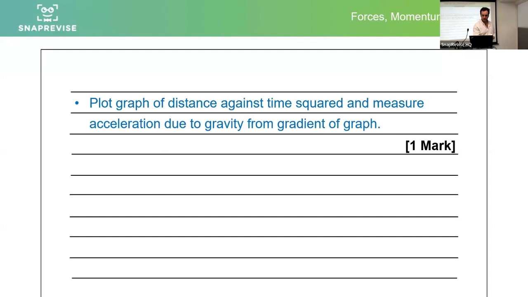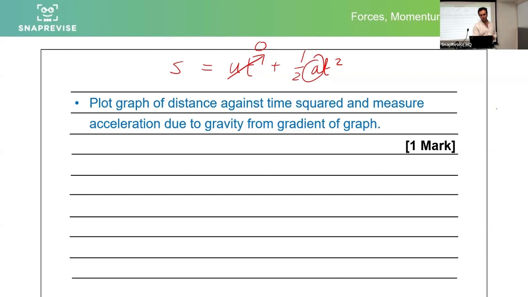And measure acceleration due to gravity. Well, it's because of suvat, really. If we're plotting distance against time squared, we're thinking of this suvat equation, s = half a t squared. u is 0 because we're dropping it from rest. So this should be at play. The acceleration is the thing we're trying to measure.